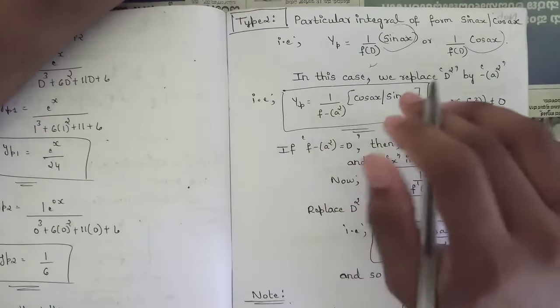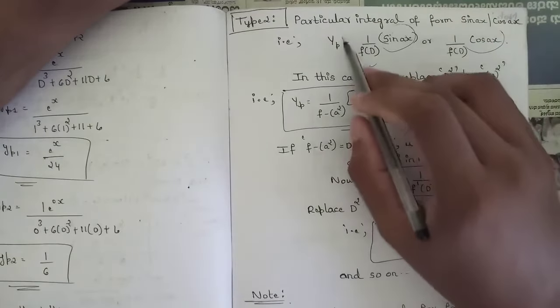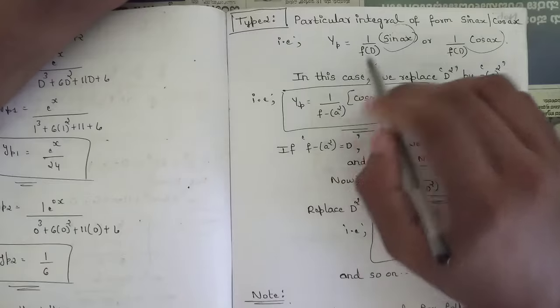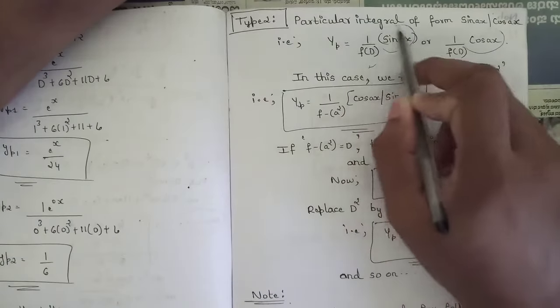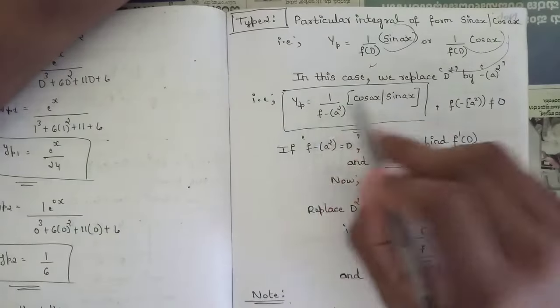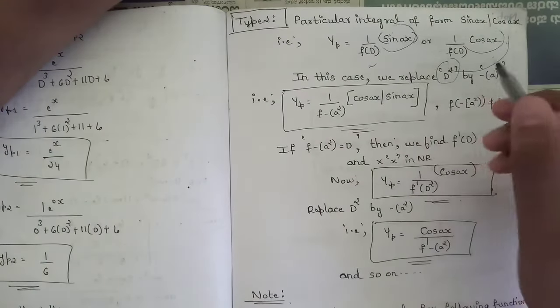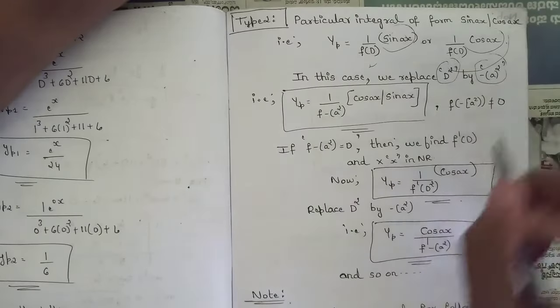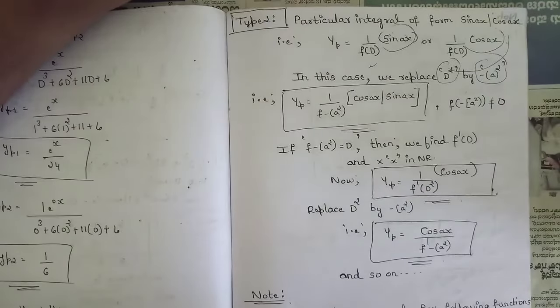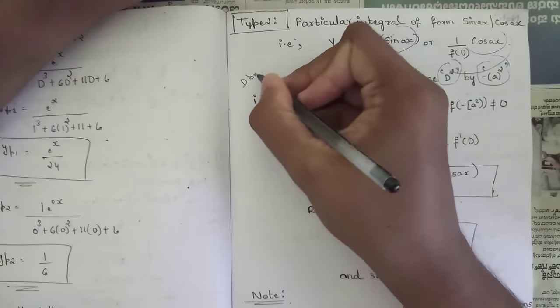We need to find the roots and all, but here the particular integral, that is yp, is of the form 1 by f of d into sin ax or 1 by f of d into cos ax. In this case we need to replace d square by minus of a square. In type 1 problems we replaced d by a.